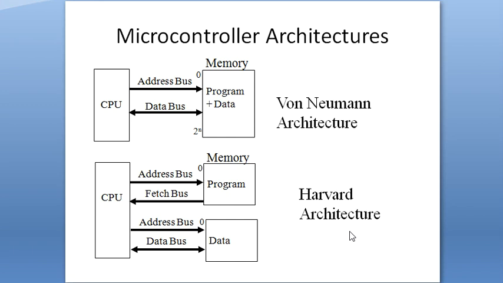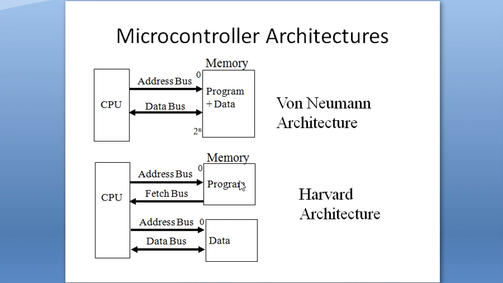Next we are going to look into the architecture, that is, the two different variants: Von Neumann architecture and Harvard architecture. What is the main difference between these two architectures? In the Von Neumann architecture, there is only a single memory where the program and the data are stored.